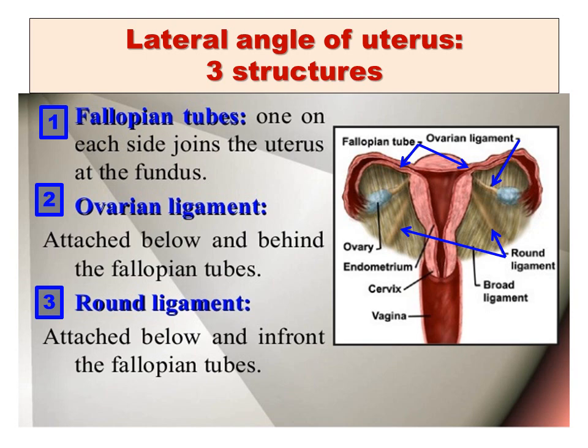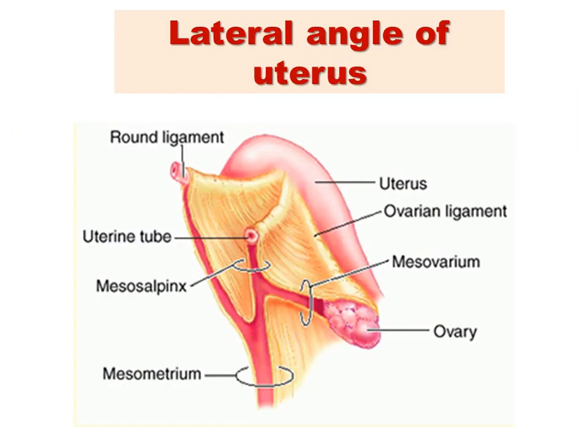So the uppermost part is the fallopian tube, below and behind is the ovarian ligament, below and front is the round ligament of the uterus. This is a lateral view showing the lateral angle of the uterus.